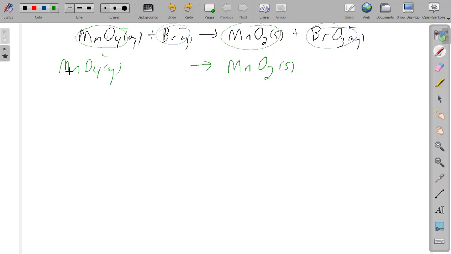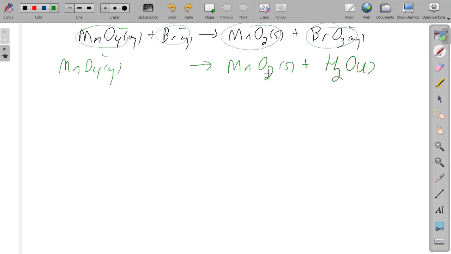Well, now there's still one manganese, but this one has 4 oxygens and this has 2 oxygens, so the only way I'm going to get them to balance is by increasing the oxygen on one side versus the other. So I'm going to add water to this side to get oxygen to increase over here.